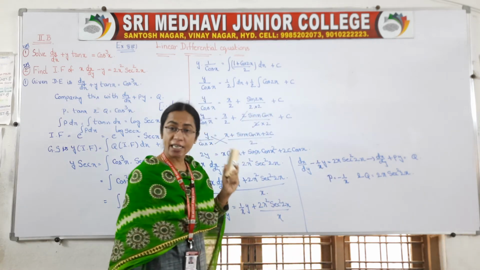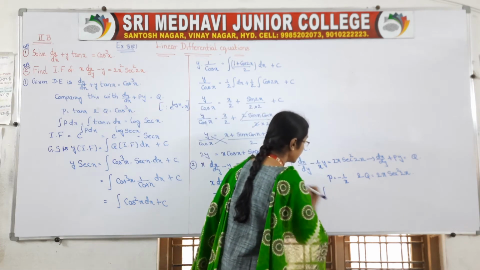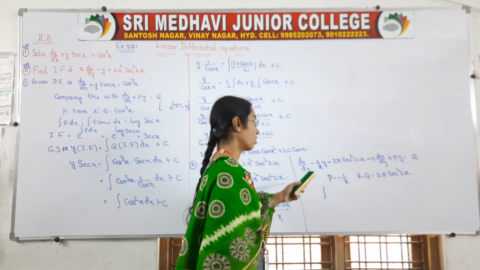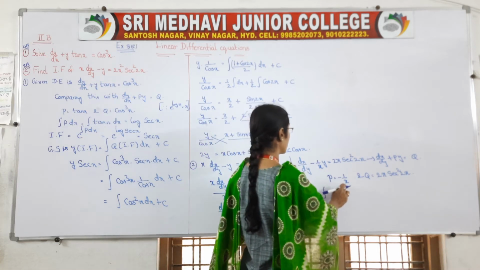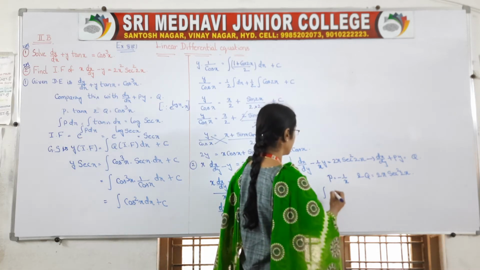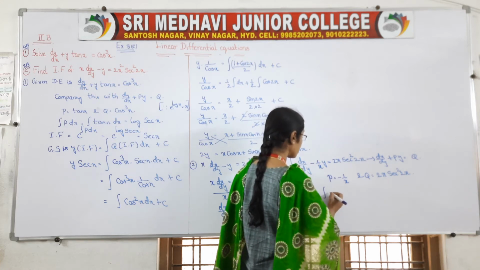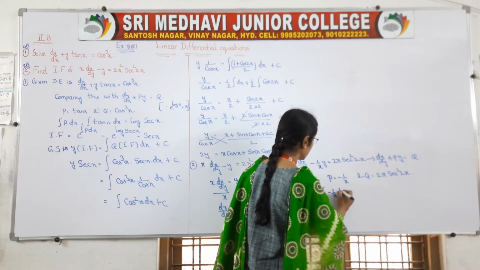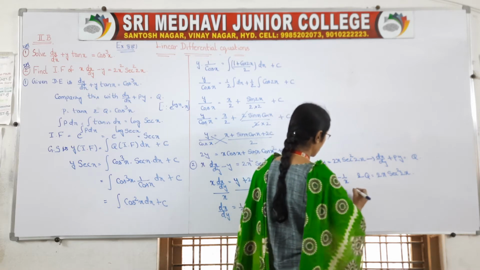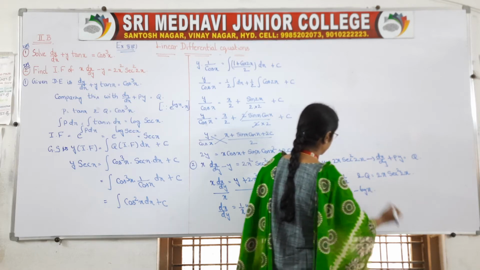So what is the question? Find the integrating factor. How will we find the integrating factor? First we have to find integral P dx, which is integral of minus 1 by x dx, equal to minus log x.